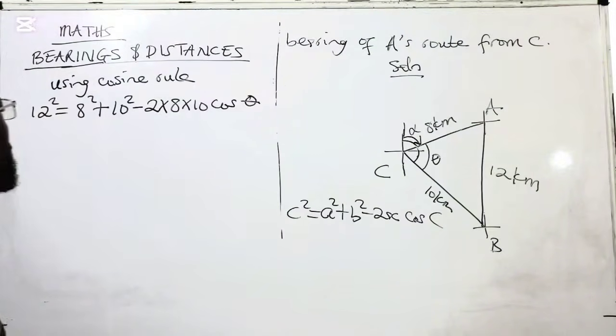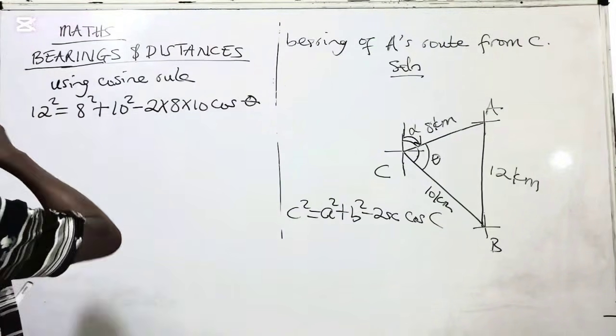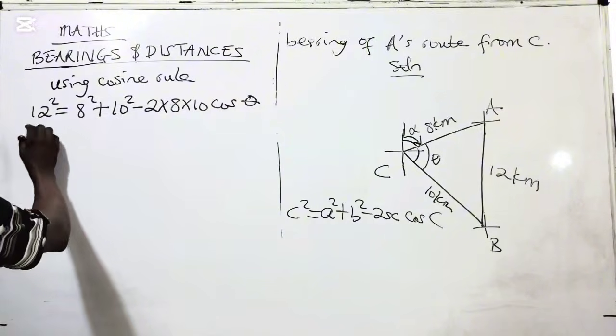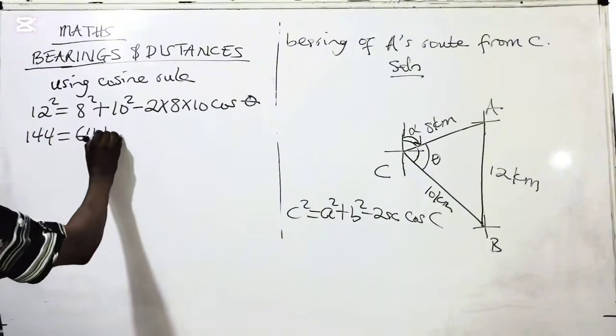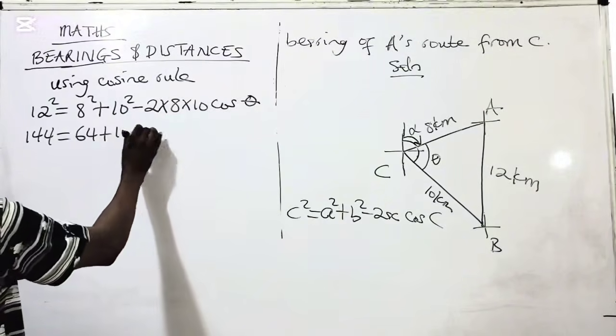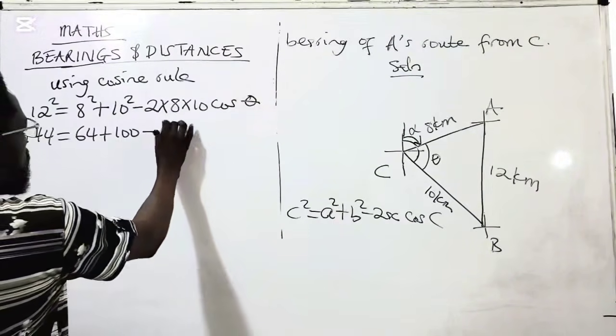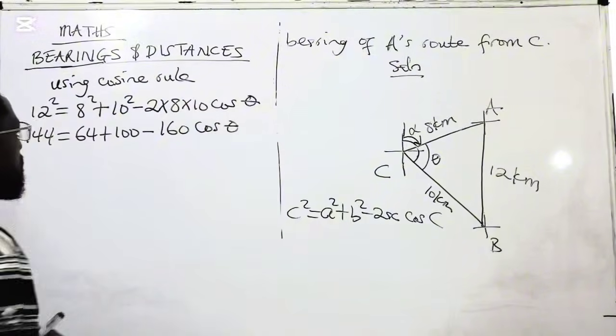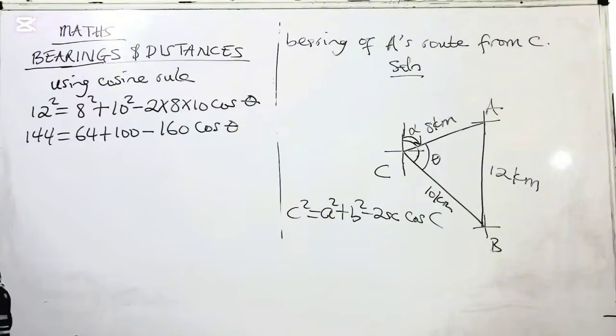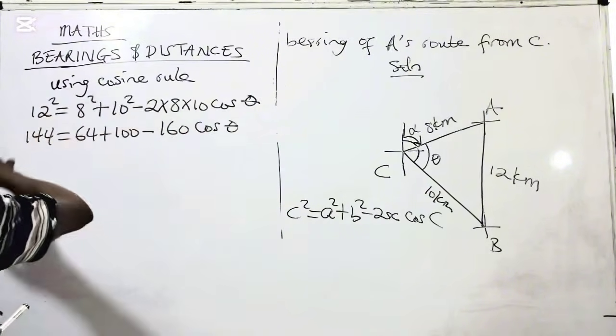So now, this one will give us 144. This one will give 64. This one is 100. This one is 160 cos theta. So now, collecting like terms, I'll transfer this one across this way.